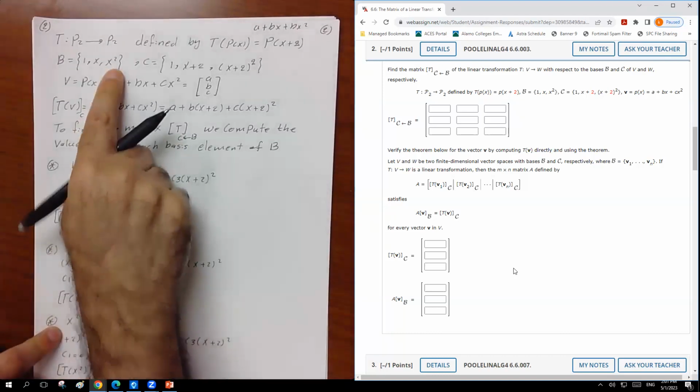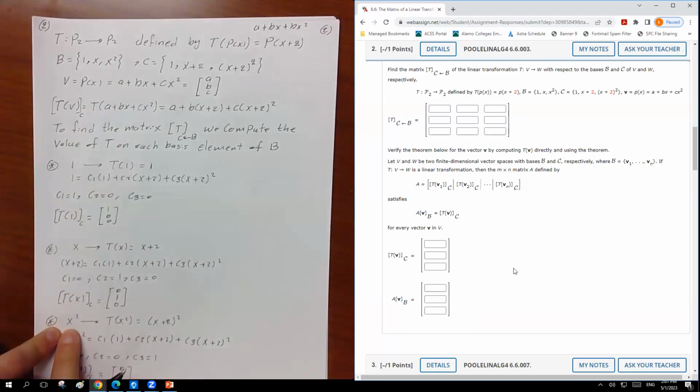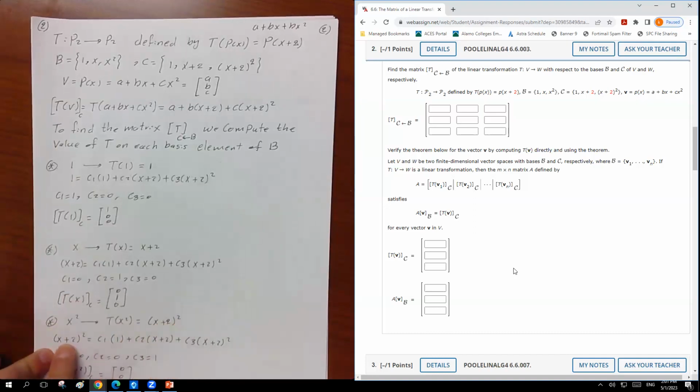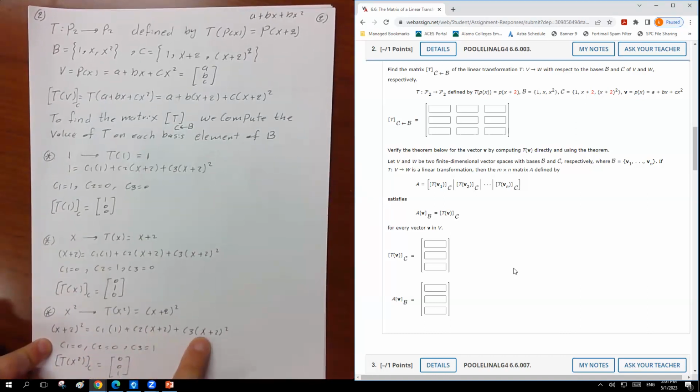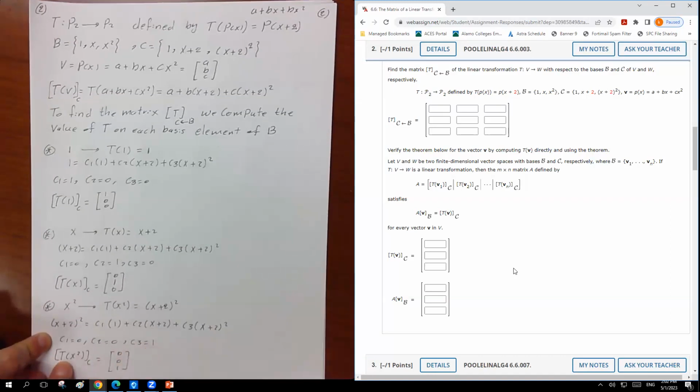Now the third element, x squared: the transformation of x squared is x plus 2 squared. So x plus 2 squared equals c1 times 1, c2 times x plus 2, plus c3 times x plus 2 squared. In this case c1 is going to be 0, c2 is going to be 0, and c3 is going to be 1. So the third column of the matrix is 0, 0, 1.